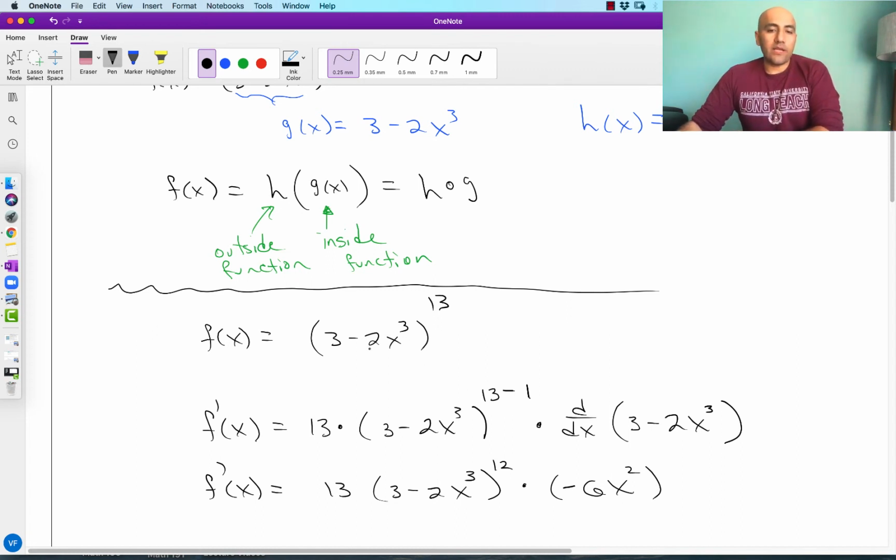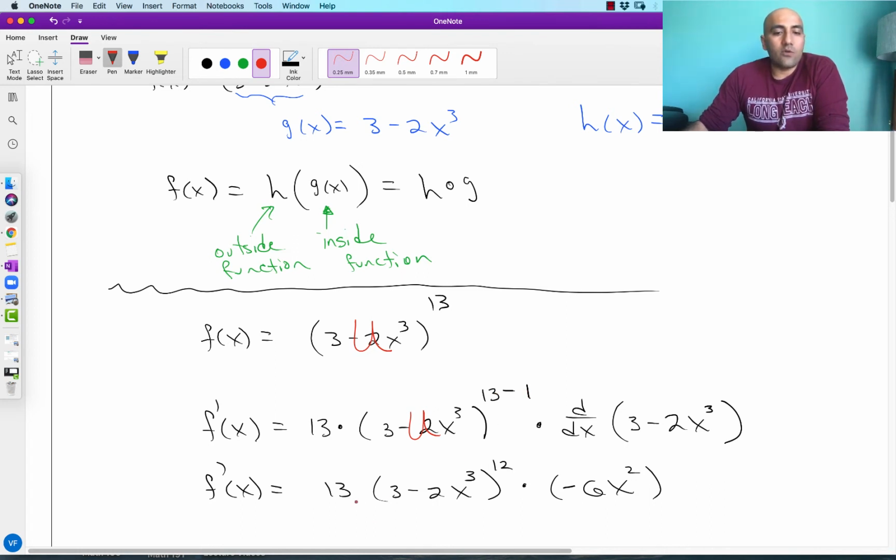Right? Okay, so when I took this derivative, what the general power rule tells us is that we follow the same rule that we did with power functions, right? I momentarily pretended this was just one letter, u to the 13th. And the power rule tells us to bring the 13 out in front and subtract 1 from the 13, right? And that's what we did here. This is bringing the 13 out in front, and then it's u to the power of 13 minus 1, which is 12.